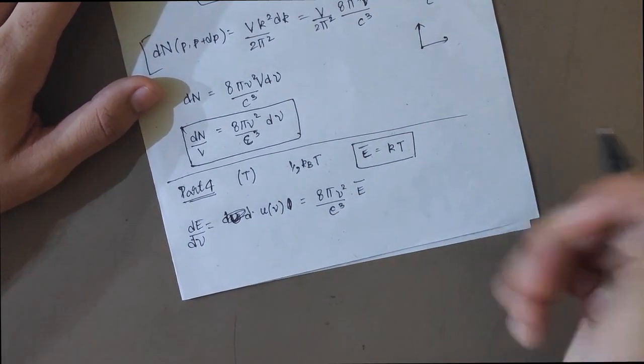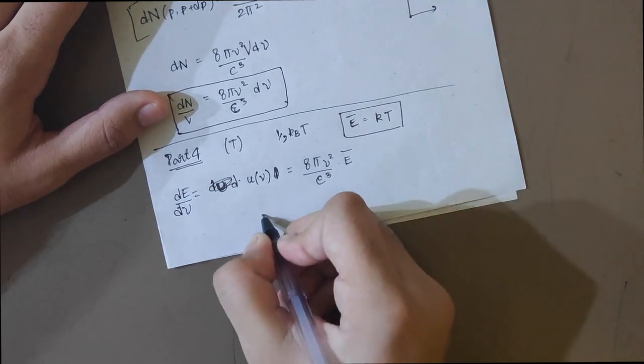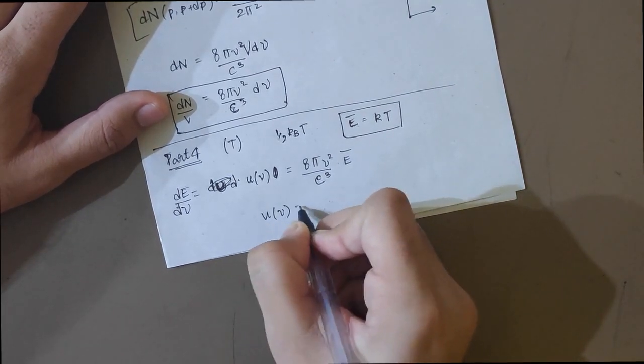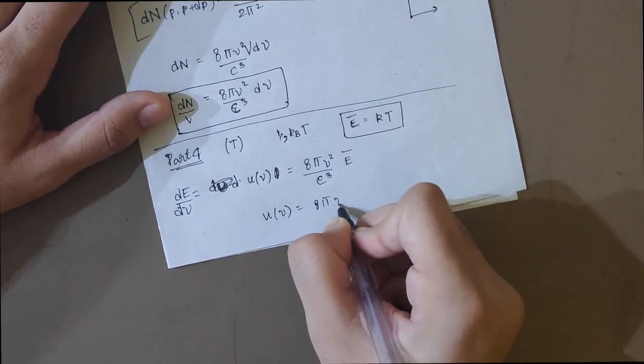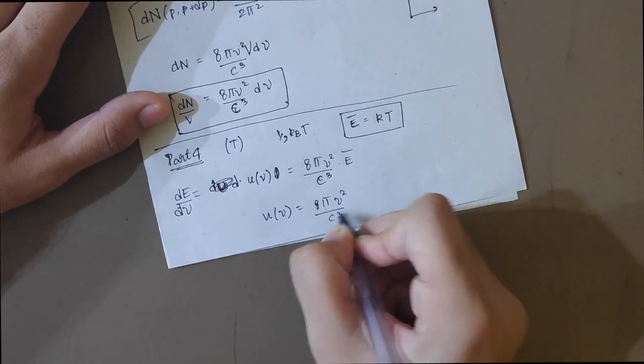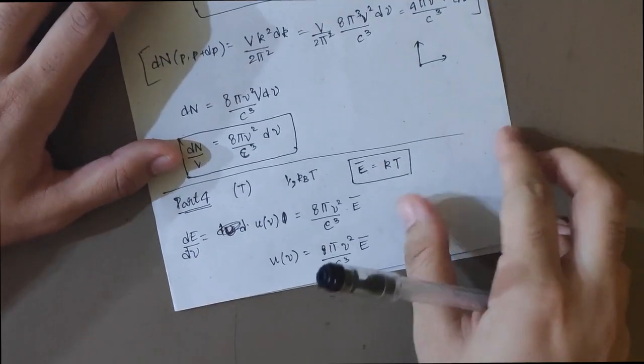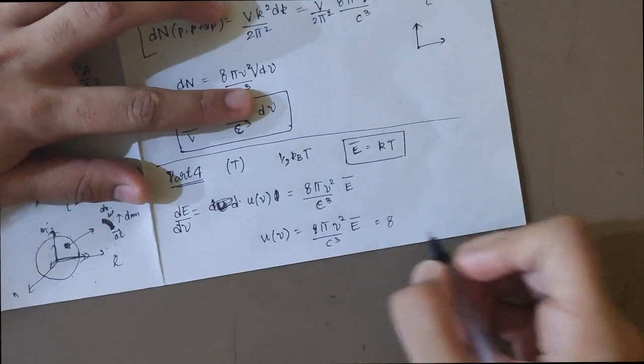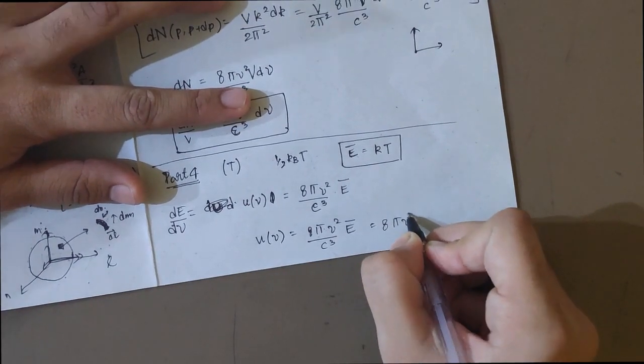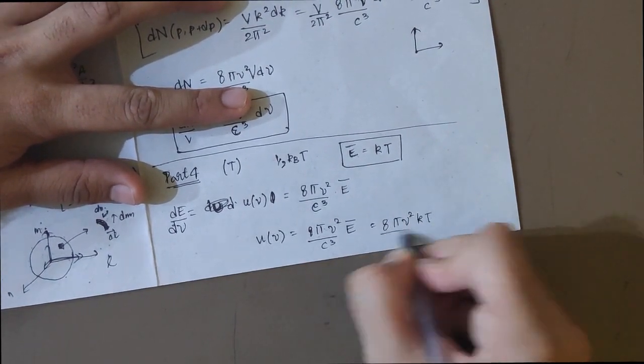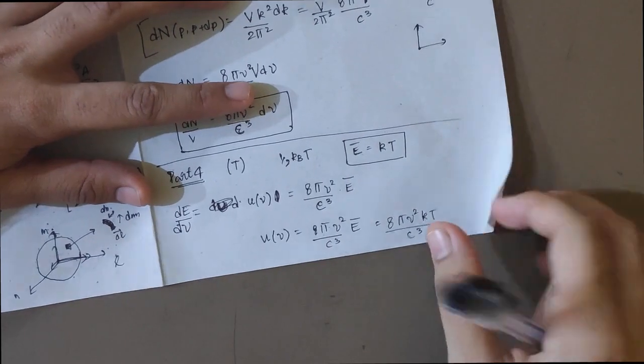where E bar is kT. So I can just write the equation that u of mu is equal to 8 pi mu squared by c cubed E bar. Now we already know that E bar is equal to kT, so I can just write that this is equal to 8 pi mu squared kT by c cubed.